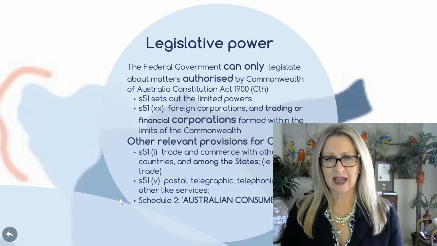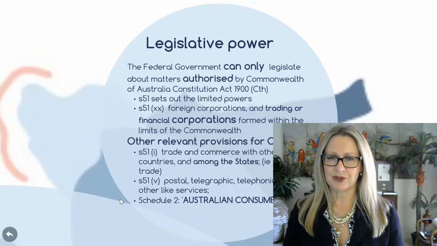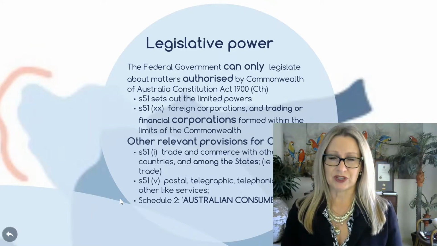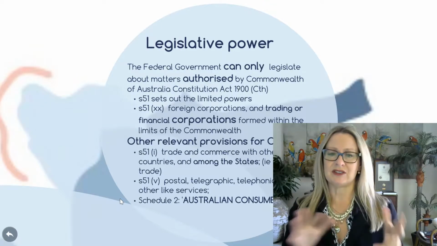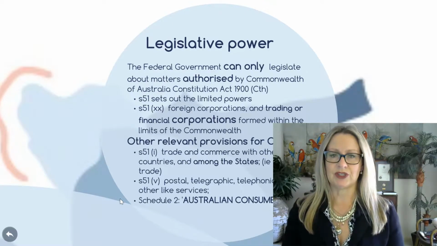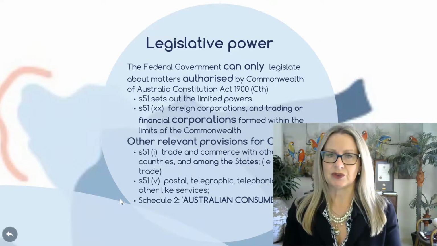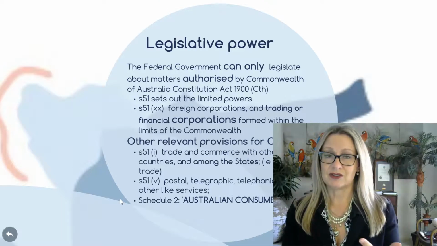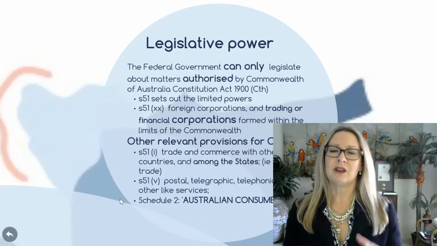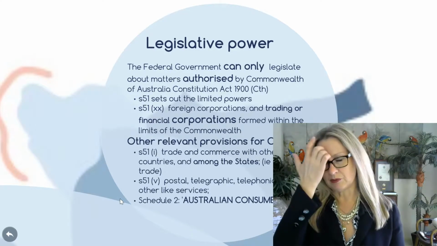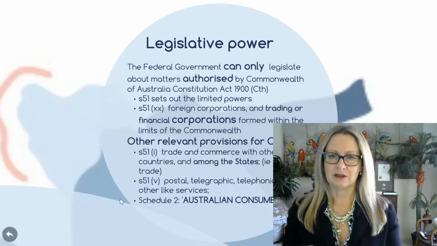So in order to understand how the regime works, we really need to first have a quick recap of federal legislative power and how the states and the federal government work in with each other here and why the legislation does what it does. So if you cast your mind back to intro and statutory interpretation, you remember that when Australia was colonised, we had the six self-governing colonies, Queensland, New South Wales, Victoria, Tasmania, South Australia, Western Australia, and they quite happily made all the various different laws that applied to their colonies.